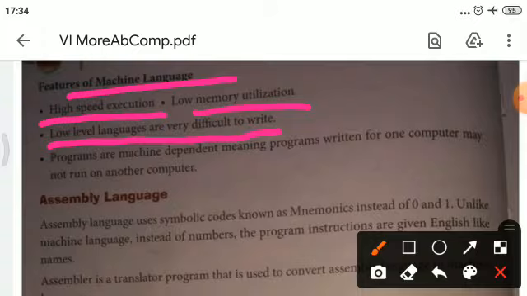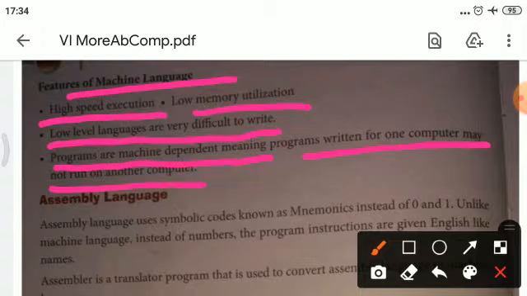And the next point is programs are machine dependent, meaning programs written for one computer may not run on another computer. Okay, students, a program that is written in machine language will be machine dependent.